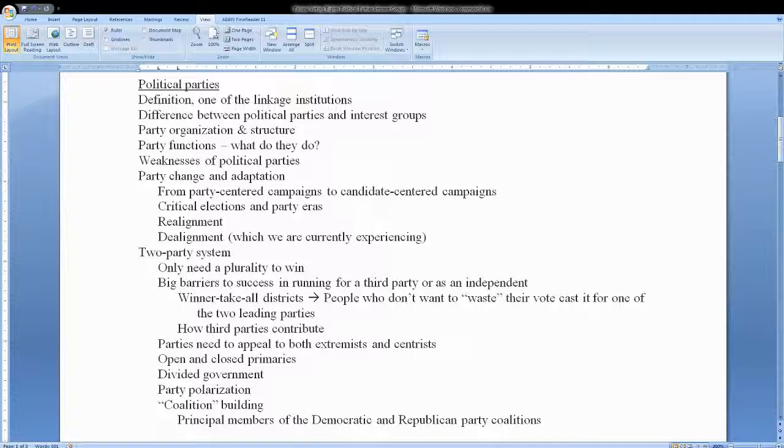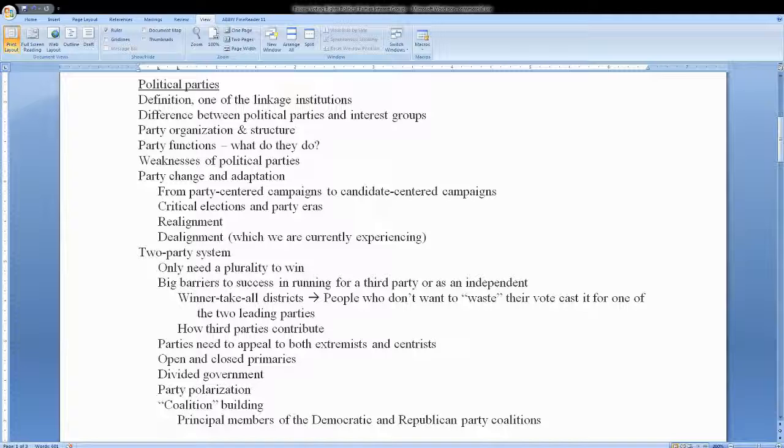And that's true for members of Congress as well. You have the two major parties running against other parties, third parties, and independents, and they won't necessarily get a majority of the vote in winning. They might, but they won't necessarily. That's what it means to have a plurality election system.